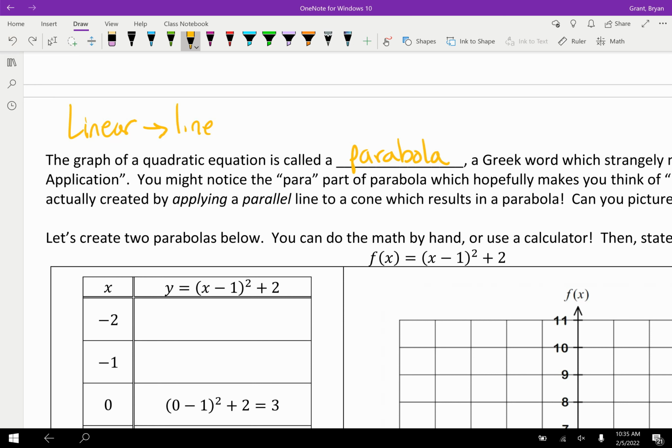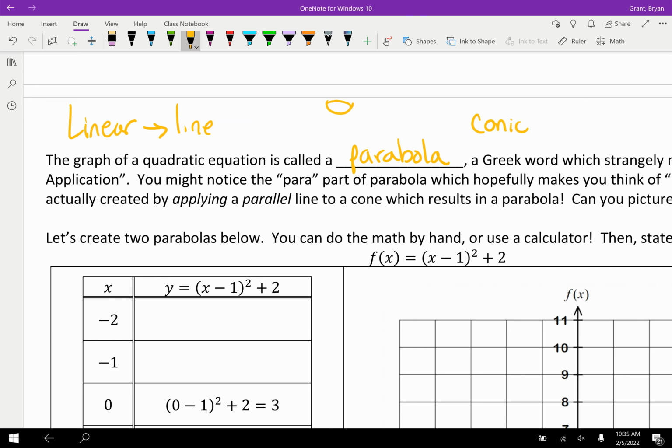Strangely, parabola is not a Latin word, even though quadra comes from Latin. It's actually a Greek word. And it's Greek because the Greeks are the ones that played around with parabolas the most early on. Now, unlike quadra, which means square and has a pretty practical translation, the translation for parabola makes a lot less sense. And when you guys learn about conic sections or graphs from cones, right?